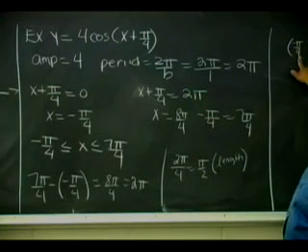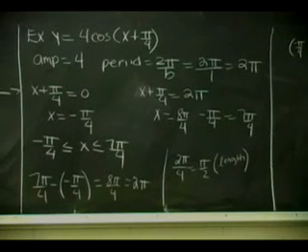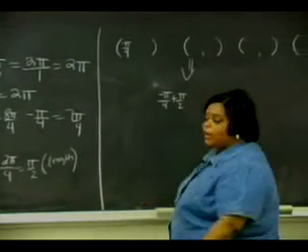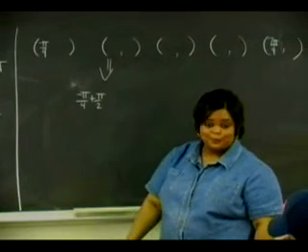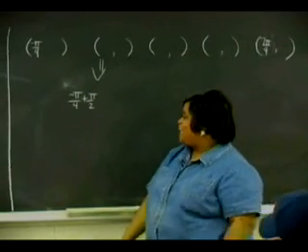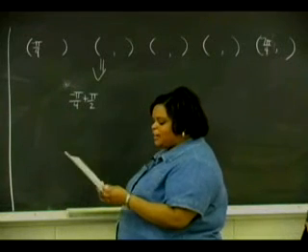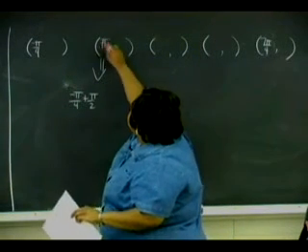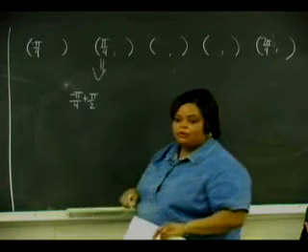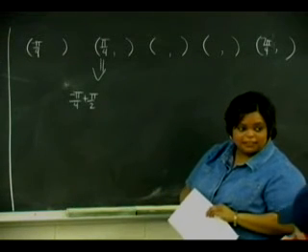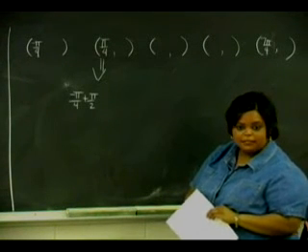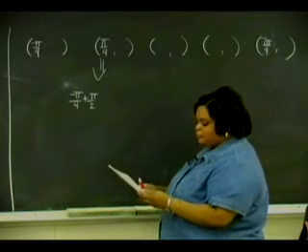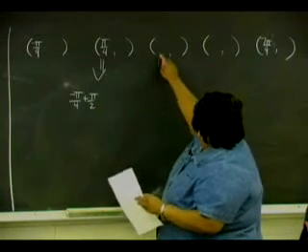So I start with negative pi over 4. Well, this point will be negative pi over 4 plus what? Pi over 2. Right? And getting a common denominator, y'all know how to do that? And all that good stuff, that becomes pi over 4. Do we need to see that little algebra step, getting a common denominator? Okay. Then from here, I need to do what?